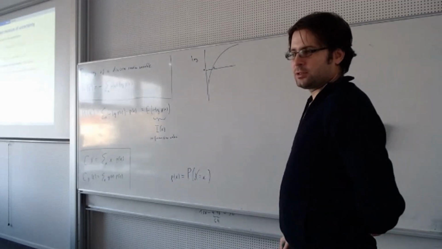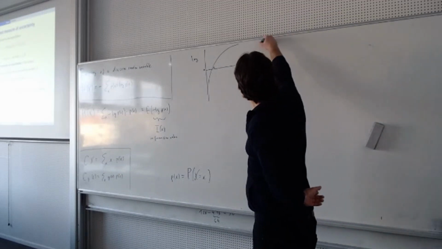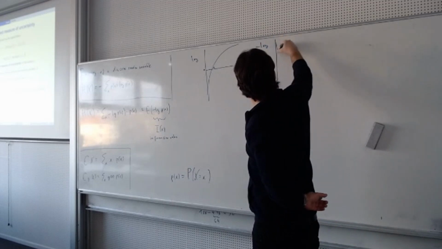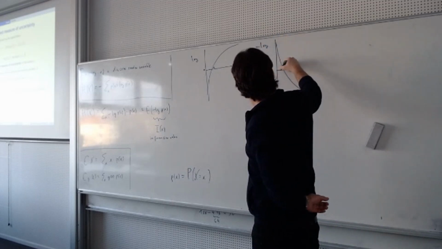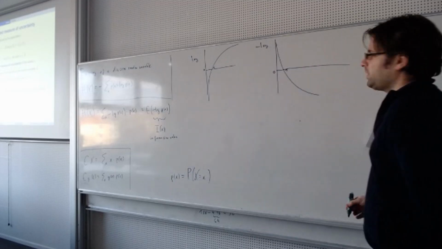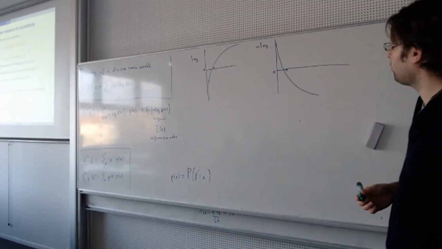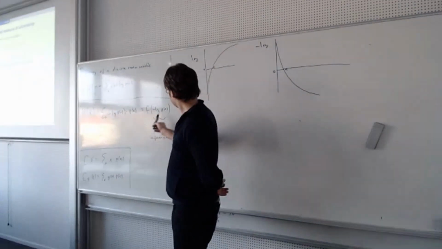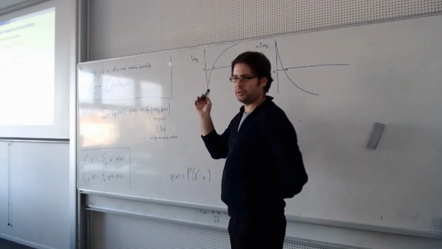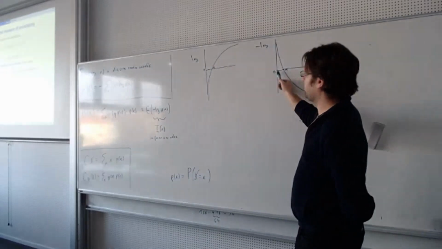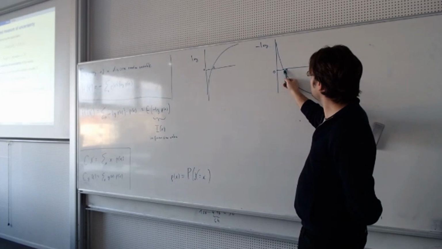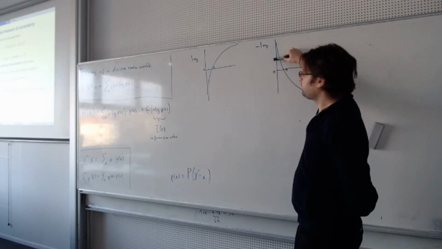Now, if we take minus logarithm, we get the function which is just flipped. And if we insert probabilities in the logarithm, here minus logarithm of a probability, then the probability is always between 0 and 1. So we'll get values between here and there. So the results will be between here and there.